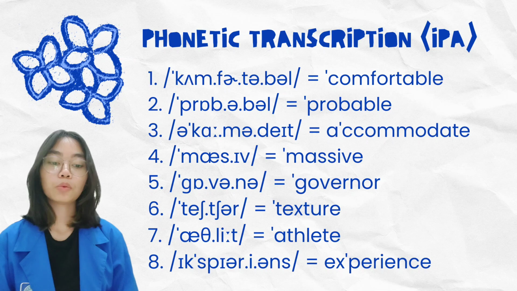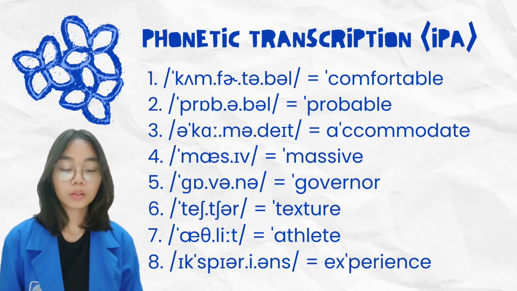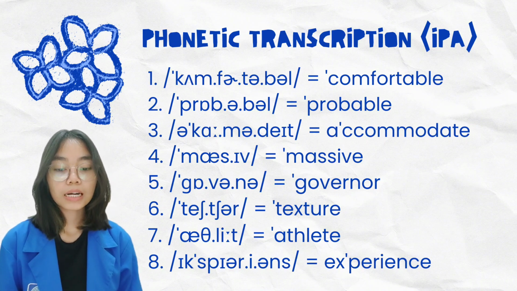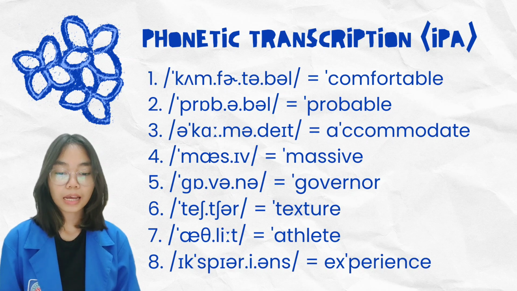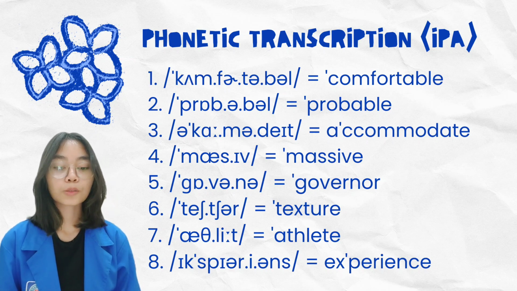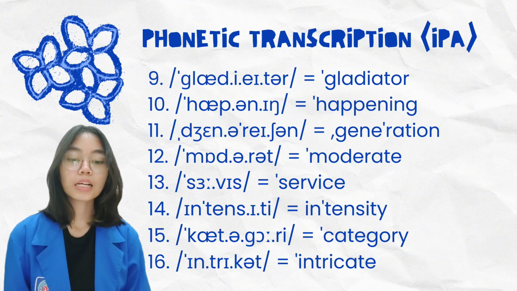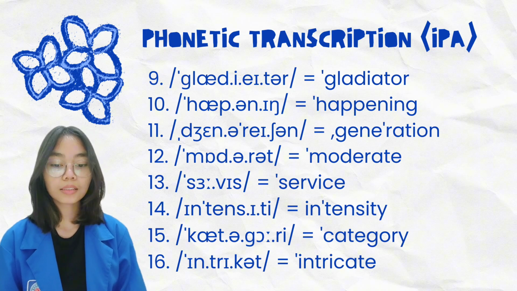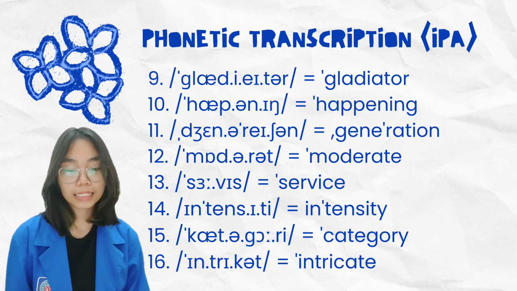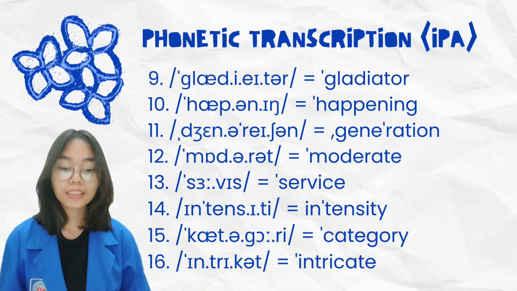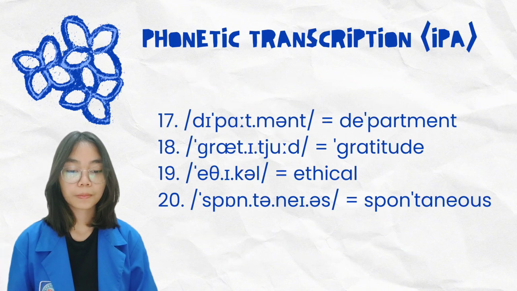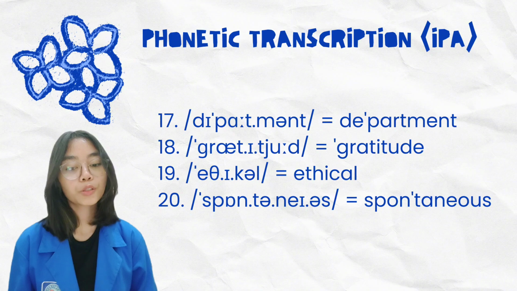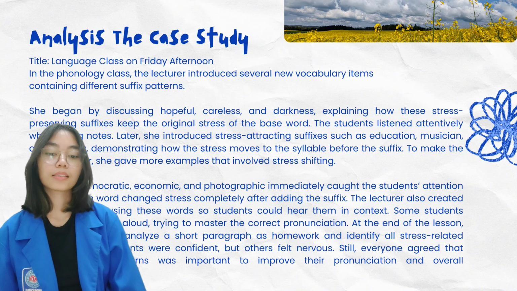Number 1: comfortable, probable, accommodate, massive, governor, texture, athlete, experience, gladiator, happening, generation, moderate, surface, intensity, category, intricate, department, gratitude, ethical, spontaneous.